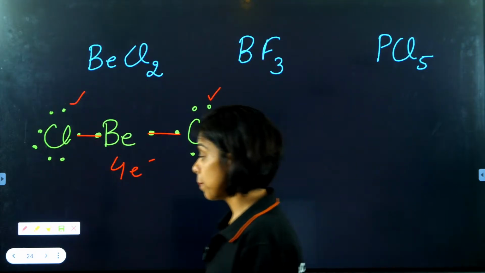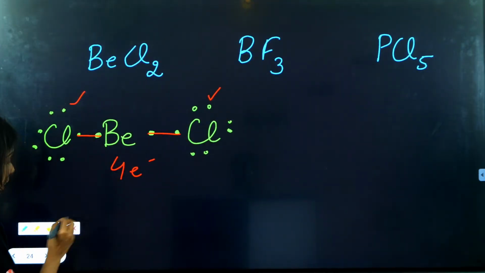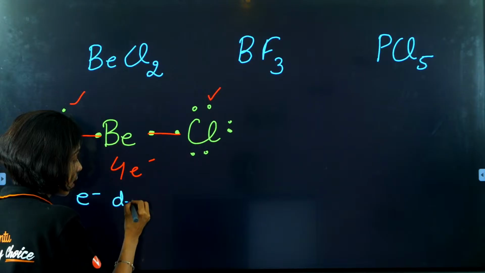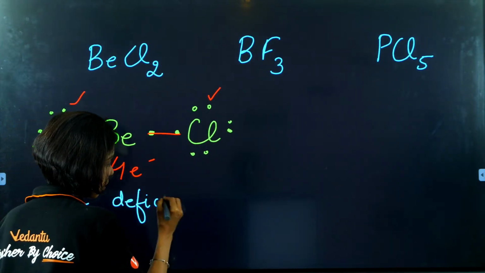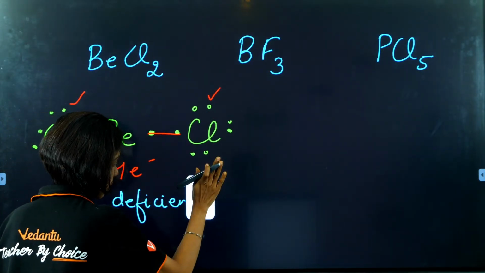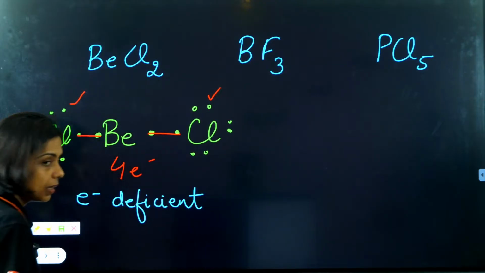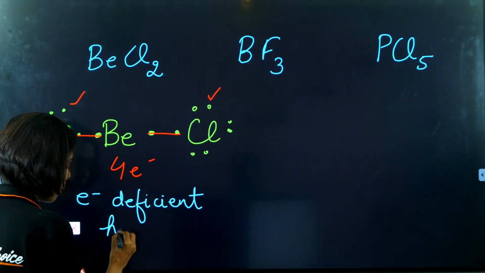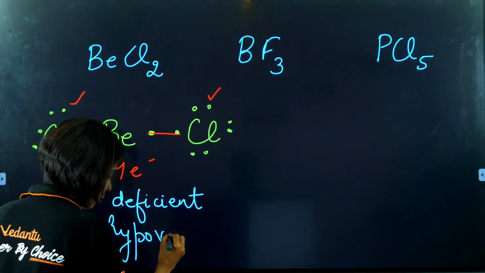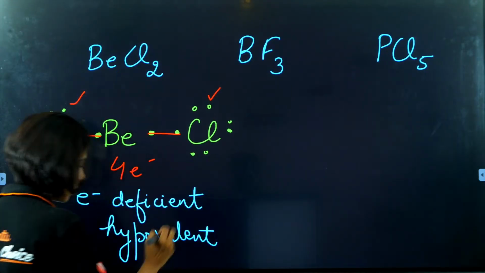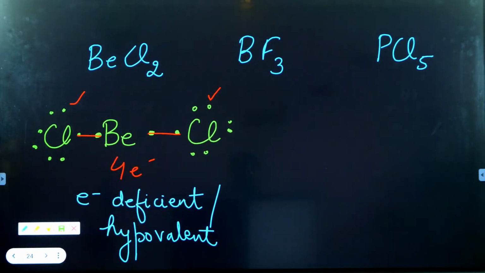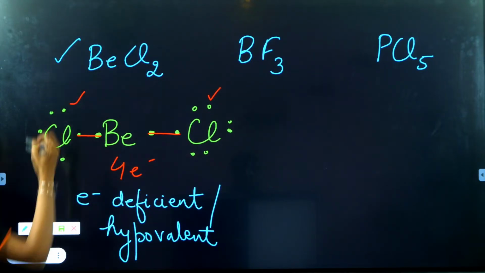Such compounds which have fewer electrons than 8, we call electron deficient compounds, or hypovalent. But it exists and it is stable also.